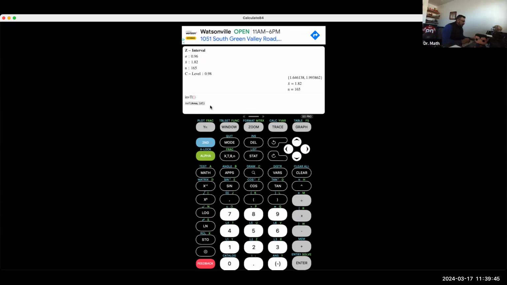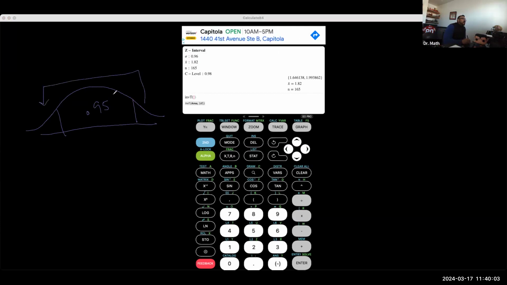All right. So essentially what you're doing, just so you understand how this looks, is if I have my normal distribution, that middle area is 95%. So that means the total of these tails is the remaining 5%, because remember, everything adds up to 1.